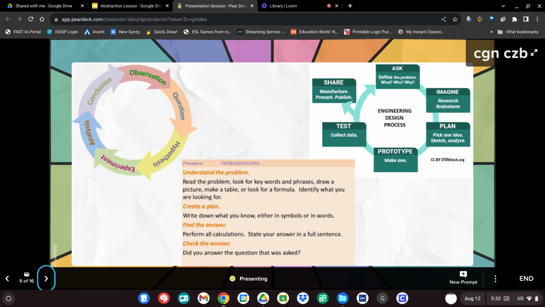So think about our scientific method. We observe something, then we have a question about it. So we make a hypothesis, and then we run an experiment to test that hypothesis. Once we've done the experiment, we've collected all the data, then we have an analysis of that data to see what our conclusion is.